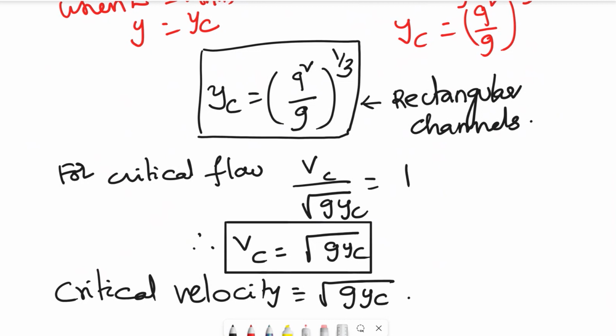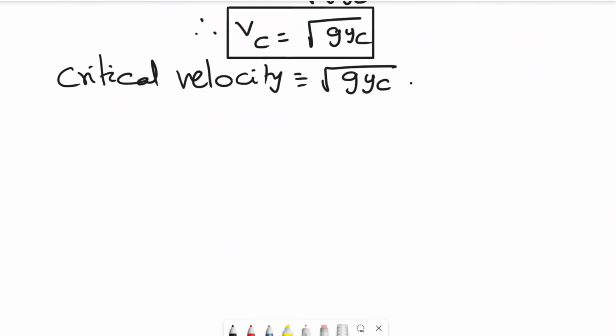This is the second thing that you should remember. So I have completed two important things. What are they? Number one is the condition for minimum specific energy: Q squared by g is equal to A cubed by T. Then the condition for critical depth in rectangular channels is yc equal to q squared by g whole to the power of 1 by 3, and Vc is equal to root g yc.